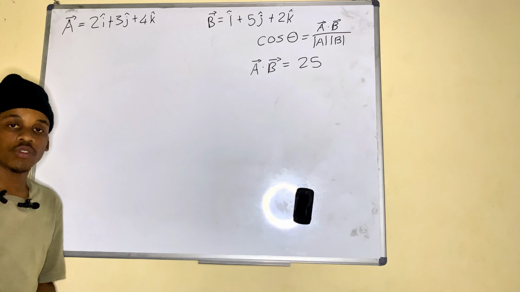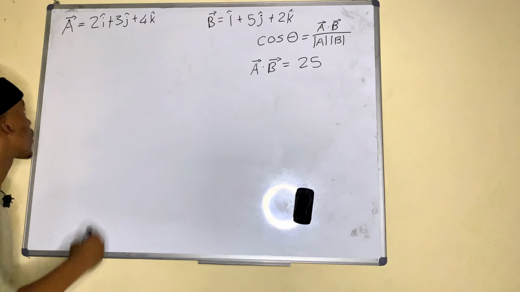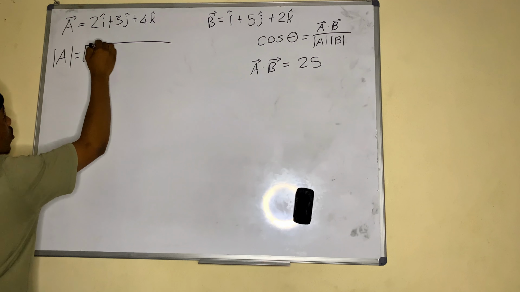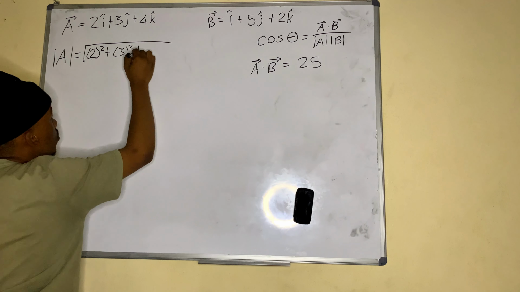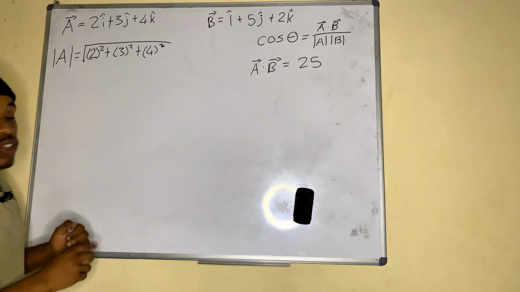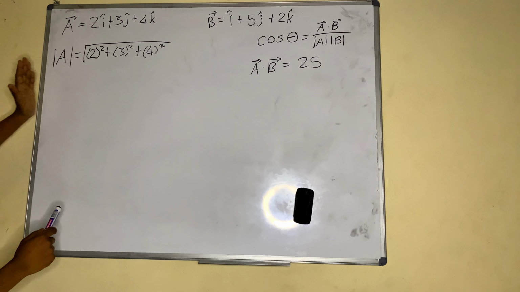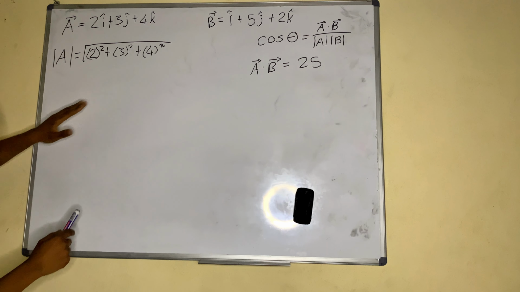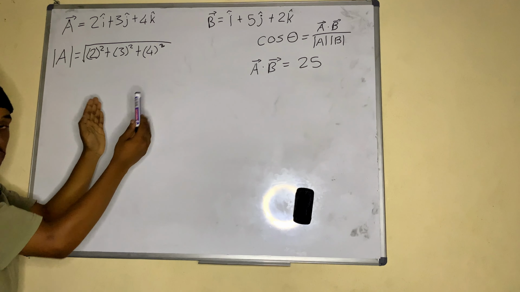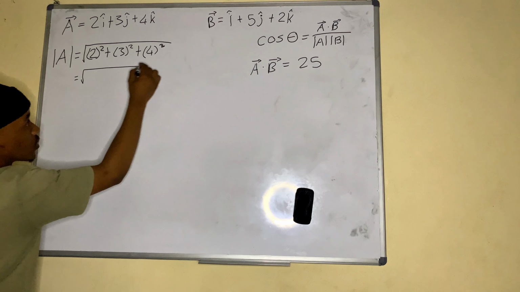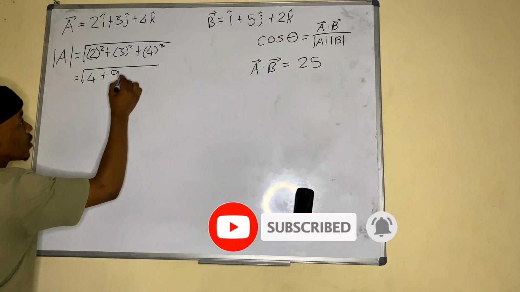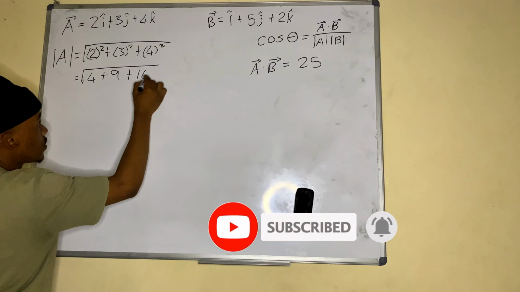We will now solve for the magnitude of vector A. To find the magnitude, we take the square of each and every component, and then we find the sum of those squared components. 2 squared gives us 4, 3 squared gives us 9, and 4 squared gives us 16.